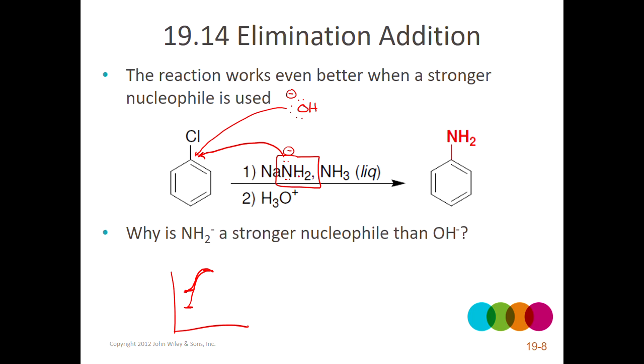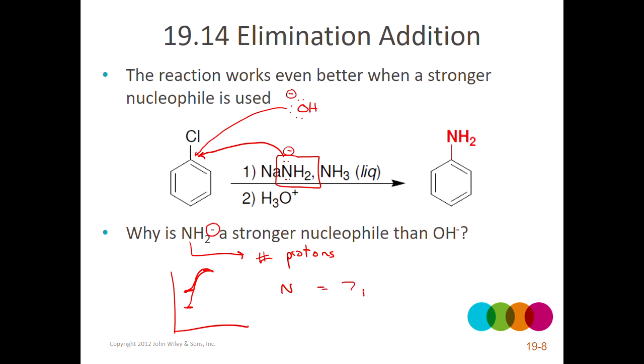So why is this stronger as a nucleophile than the OH minus? Basically what we're asking here is, why is the negative on the nitrogen less stable than a negative on an oxygen? And that just has to do with the number of protons. So the number of protons there is the key.